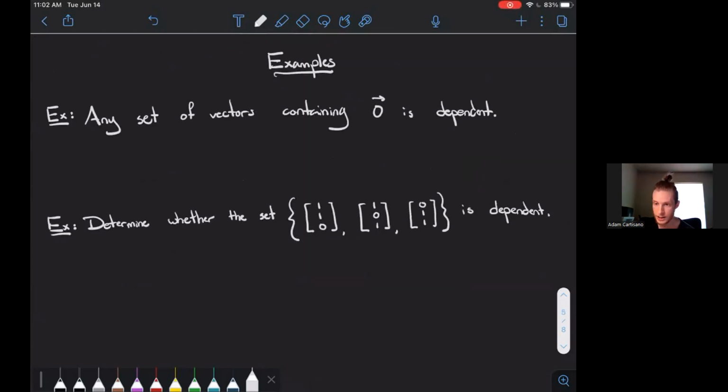Okay, so we have some examples. First of all, any set of vectors containing the zero vector is dependent. Why?